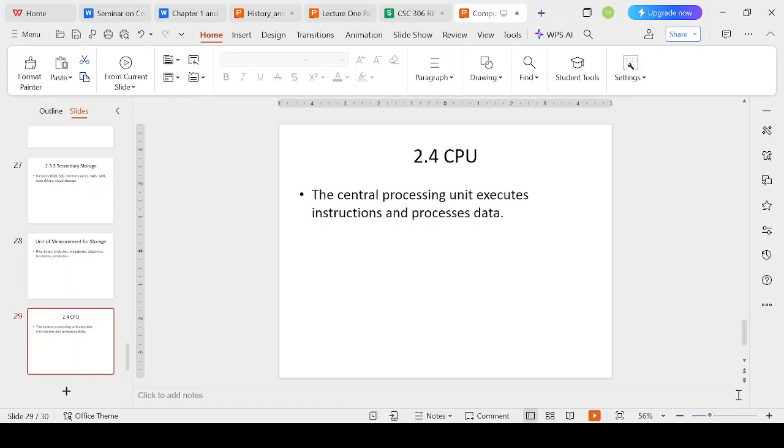We have the CPU. When you have the computer system, the hardware system is made up of what you see physically: your system unit, your monitor, and your peripheral devices. The peripheral devices are the input and output devices.